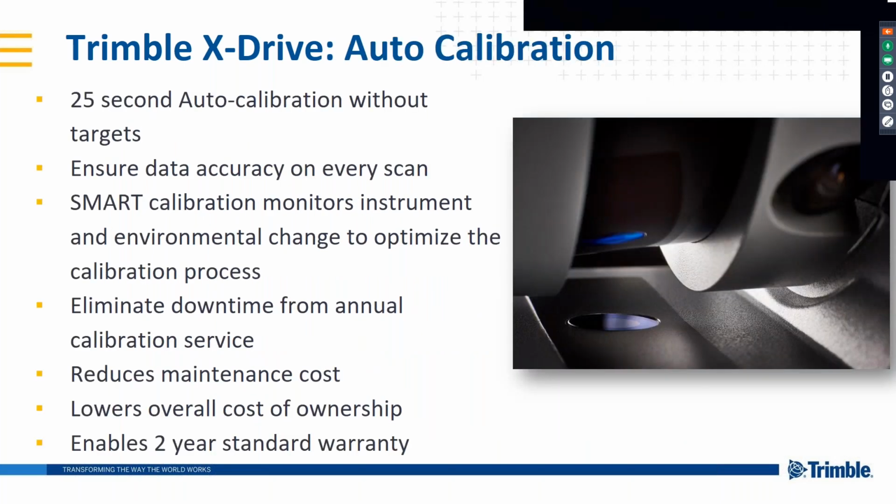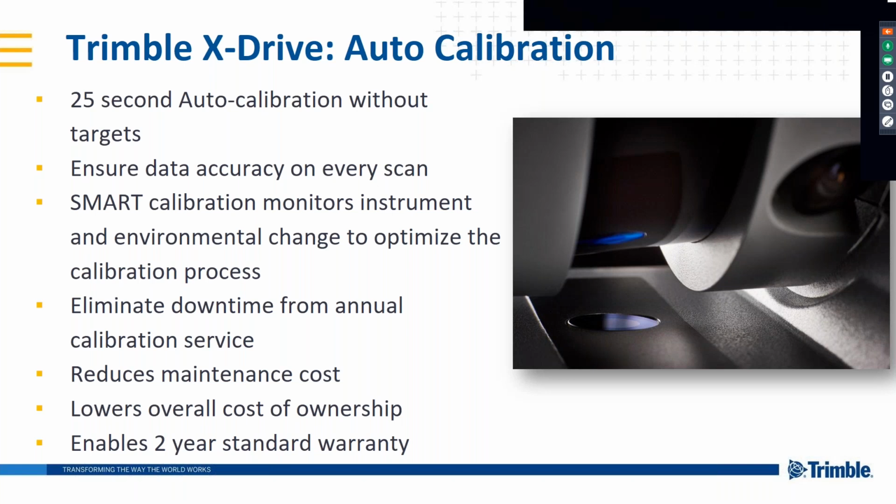And of course, one of these very unique features is first the auto calibration. Most of you know that any laser scanner or any total station, whatever it is, leaves the factory and goes through a calibration process, where we find the deviation values on the instrument, and these then go into a calibration matrix.